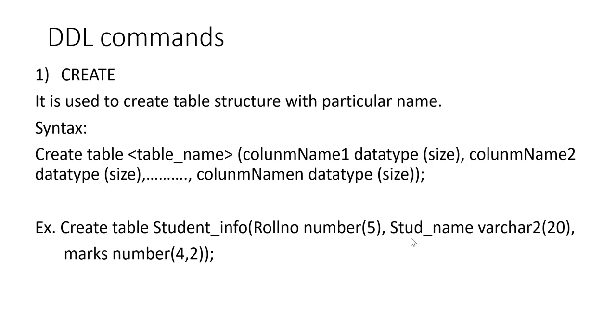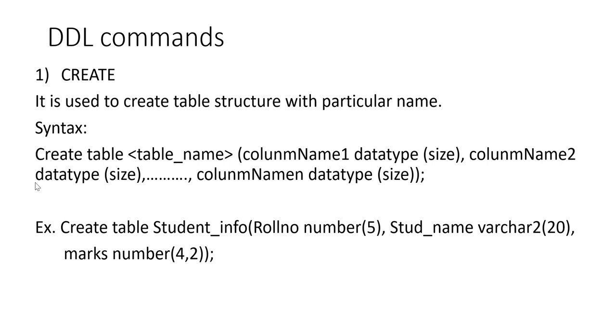After that, column name 2, that is student name, data type is varchar2, size is 20. Next column name is marks, data type is number, and this 4 is the precision, 2 is the scale. Okay, so this is the example for creating the table.